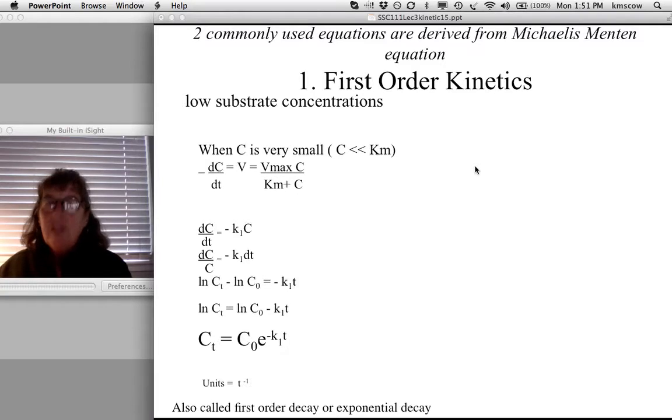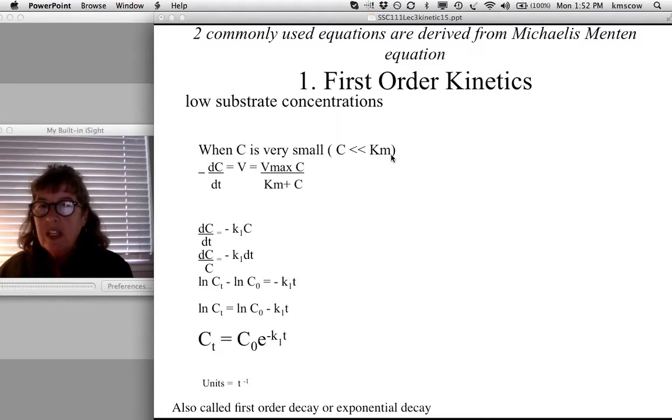is a simplified form of that Michaelis-Menten equation that applies when there are very low substrate concentrations present. So, for example, when that concentration of the substrate is very, very small, then that concentration is much, much lower than Km. Remember Km, the concentration at half the maximum rate.